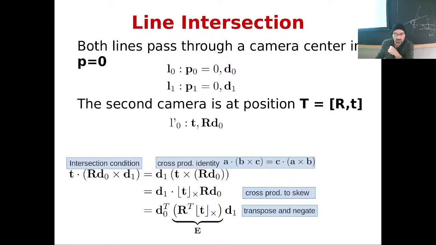Francesco says, we are intersecting L1 in the reference frame of the first camera and L0 in the reference frame of the second camera. No, Francesco, we are using the very same reference frame, which is the reference frame of L1.